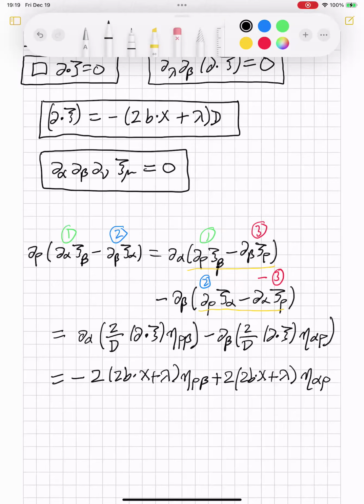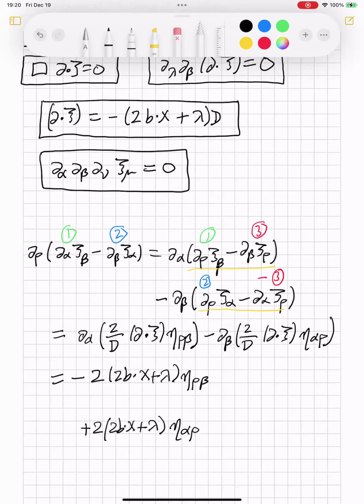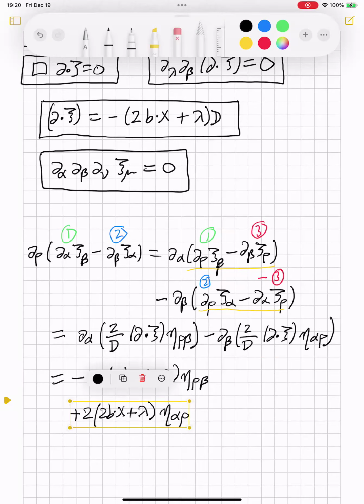Good. Sorry, guys. I left something pretty crucial out. So let's just put these in. What I left out, you probably already noticed this, is that in the first term, I should be taking a derivative with respect to α. So let's just move this over a bit. Good.